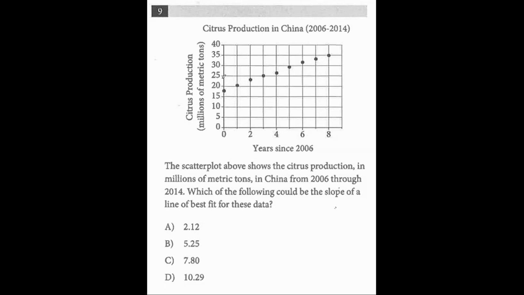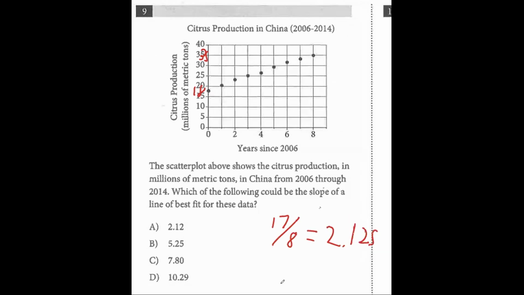So it starts at about 0. Let's just say this is about 18, and it ends at 35, and it increases by 8. So this would just be 35 minus 18, which is 17. 17 divided by the change, which is 8, so 17 over 8, which is equal to 2.125, which is answer A.